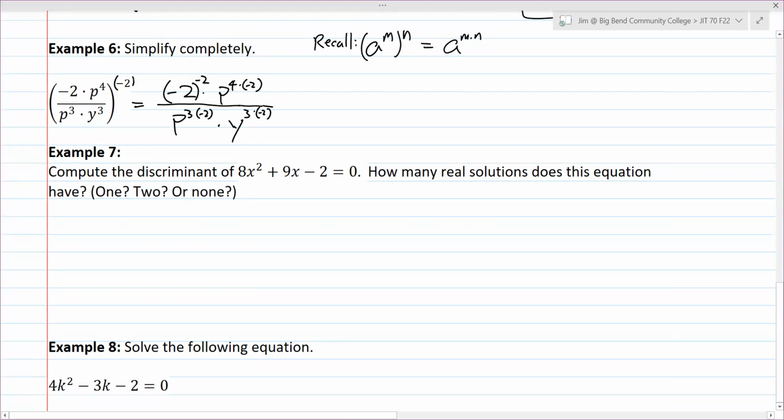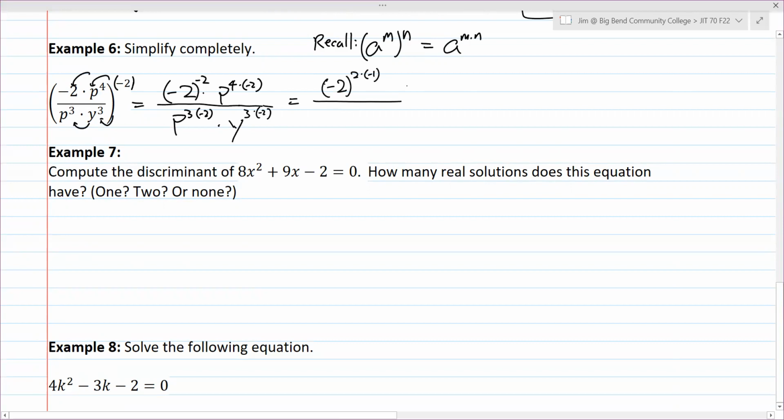So for the same power applied to every single part of that expression, we can distribute that power. And then what do we get? Right, negative 2 to the negative 2, that will give us negative 2 to the 2 times negative 1.